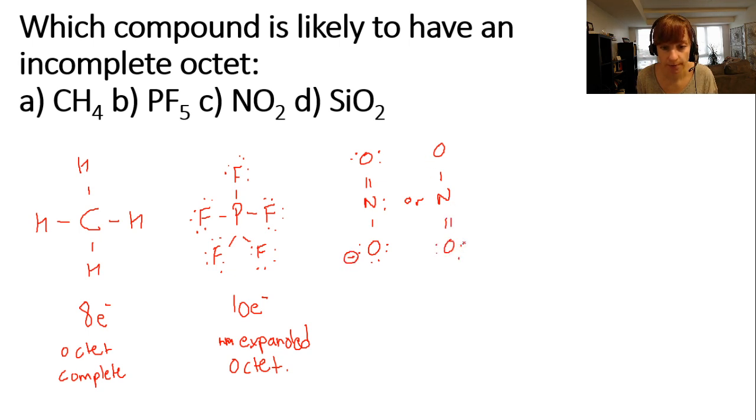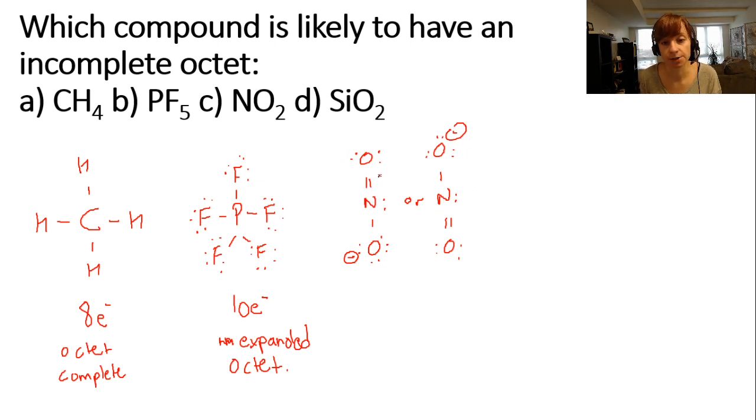Both are correct. So the negative charge is on that oxygen instead. I'm drawing our lone pairs. In this case, our nitrogen atom has 3 bonds and a lone pair in both resonance structures. So it has a complete octet.